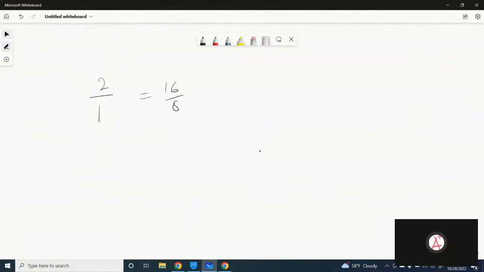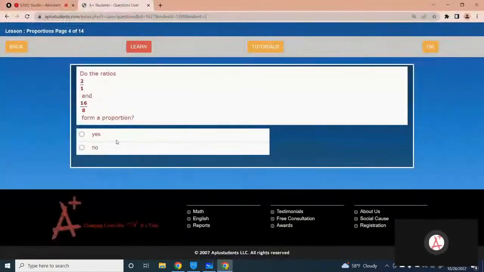So here you have 8. Multiply this fraction's numerator and denominator by 8. So 8 times 2 is 16, 8 times 1 is 8. So both of them are equal. That means yes, they form a proportion. Got it? So they are equivalent. The answer is yes. Just select the correct option and then click on the OK button.